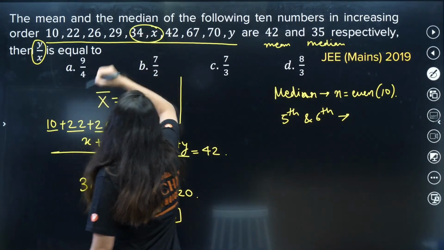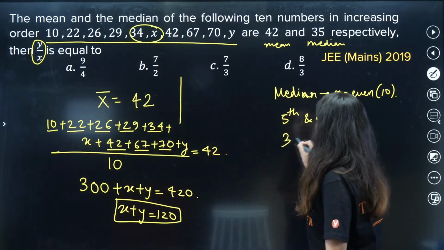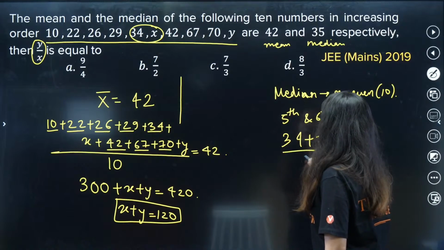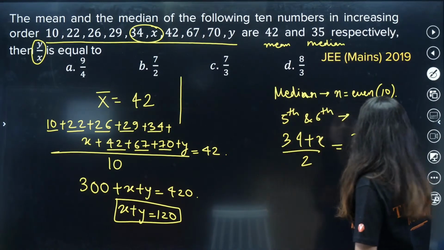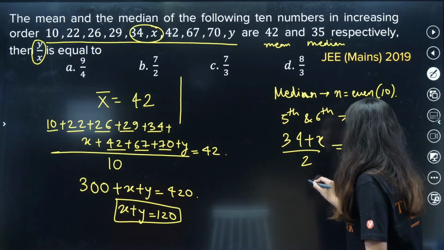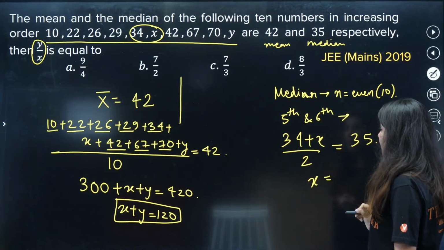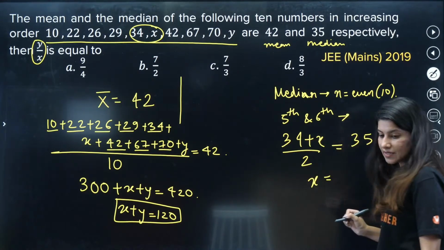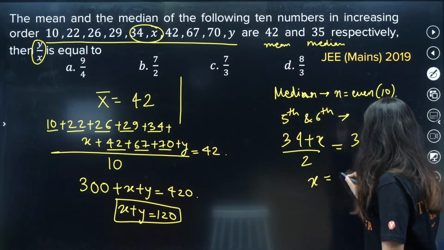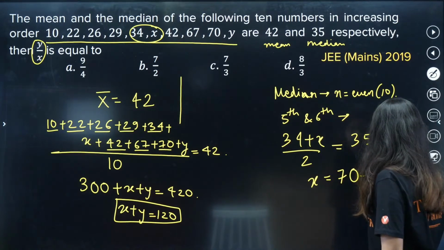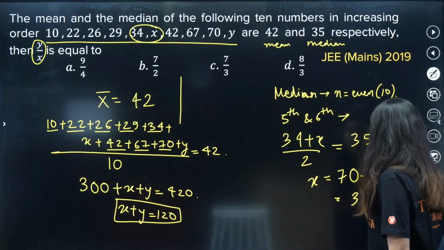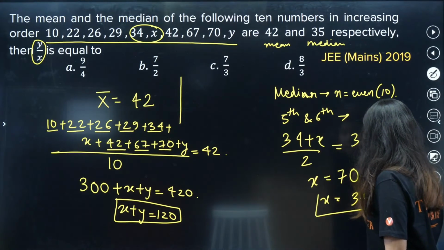So 34 and x. The mean, 34 plus x by 2, is your median, which is given as 35. So x is equal to 70 minus 34, which is coming out as 36.